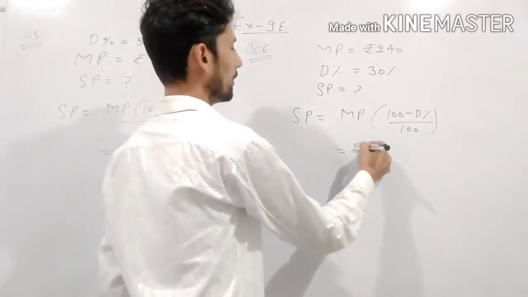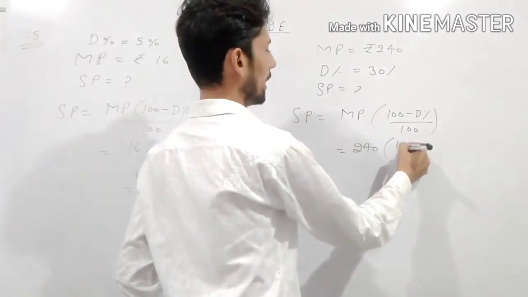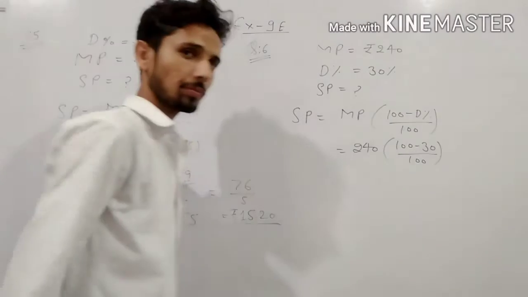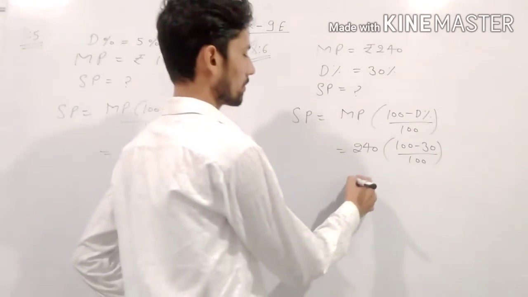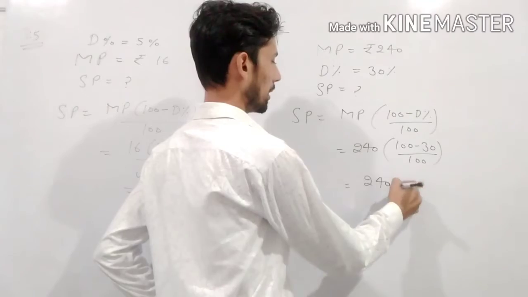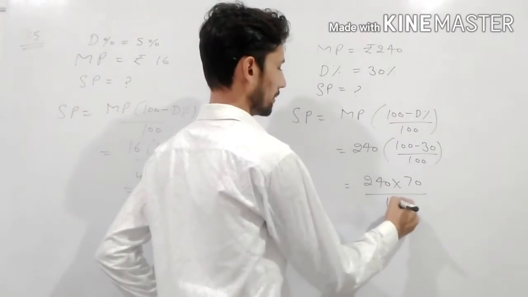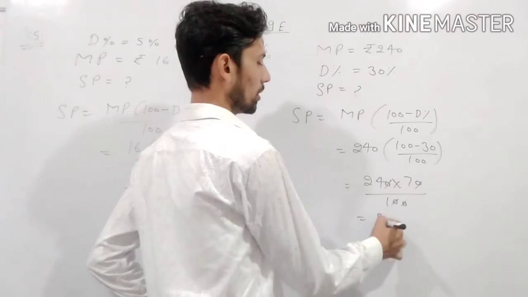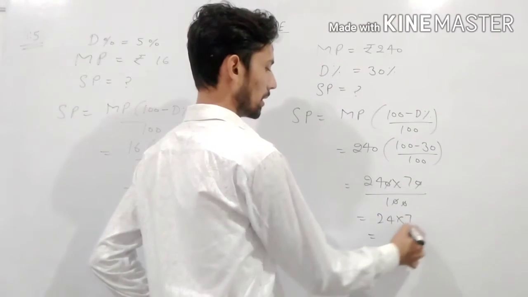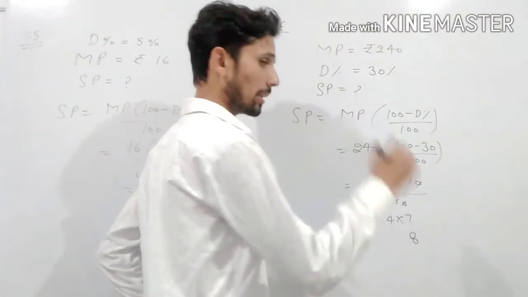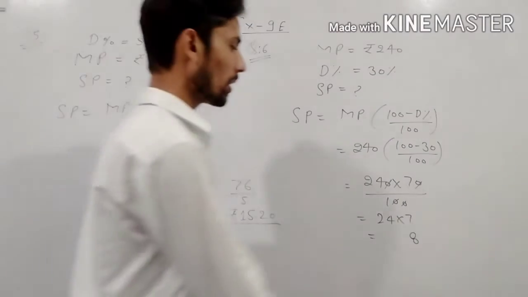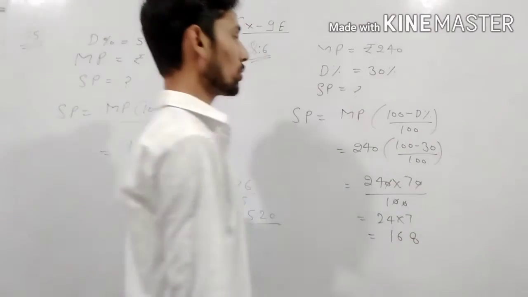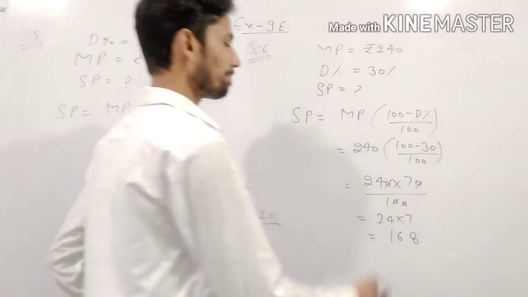So MP is 240, (100 minus 30) upon 100. 240 multiplied by 70 upon 100. 0 cancel with 0 and 0 cancel with 0. 24 multiplied by 7. 7 4s are 28. Carry 2. 7 2s are 14 and 2, 16. So 168 rupees.